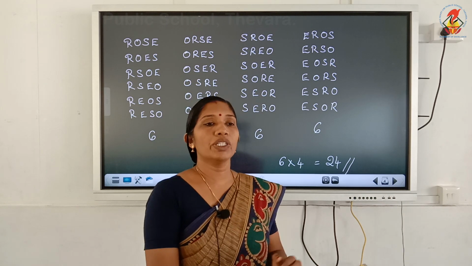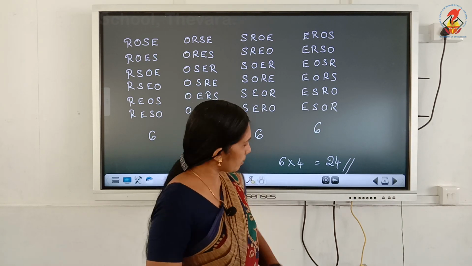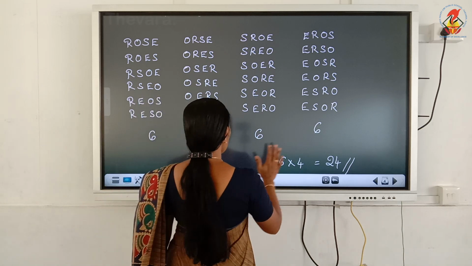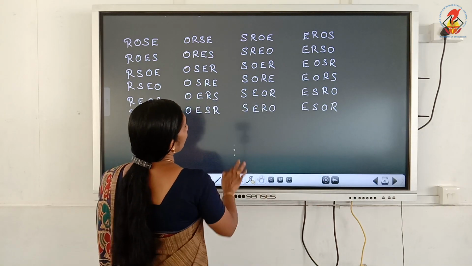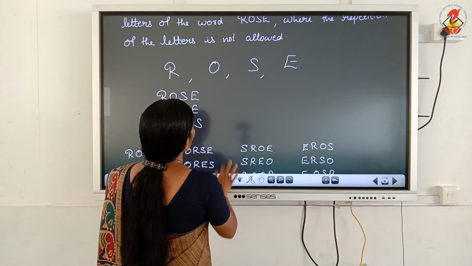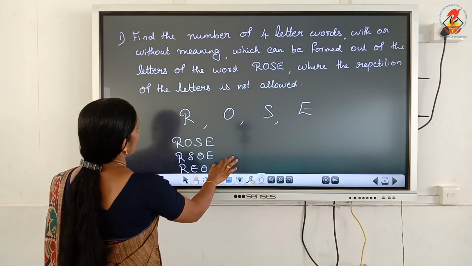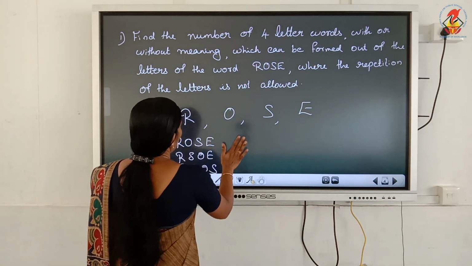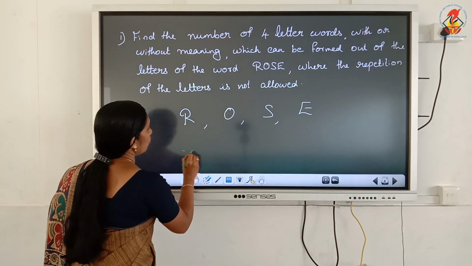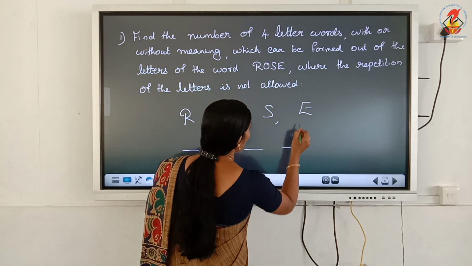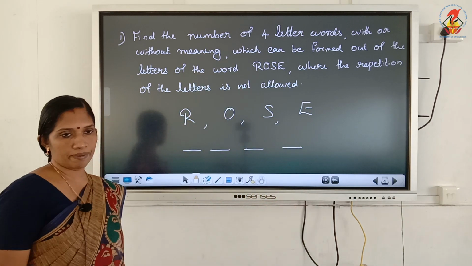So here also we use the multiplication principle. How do we use that principle here? We have to form a 4-letter word using these 4 letters.